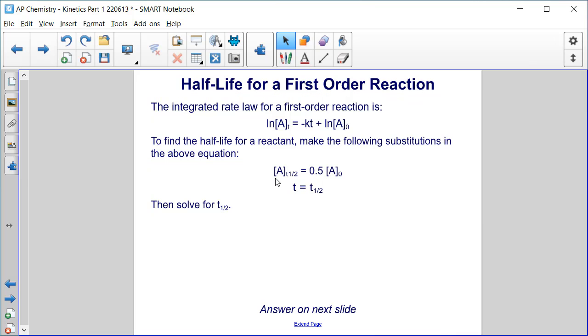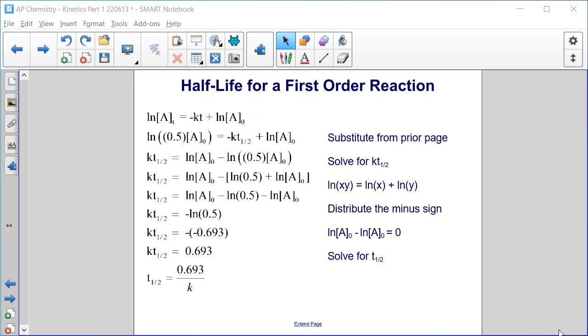Again, the concentration at the half-life is half of the initial concentration, and the time now is the half-life time, or just T1/2, and then we're going to solve for that. Again, maybe try to make these two substitutions on your own and solve for the half-life, but I am going to go over the answers on the next slide, and it does require a little bit more intermediate algebra with these natural logs and the laws for those logs.